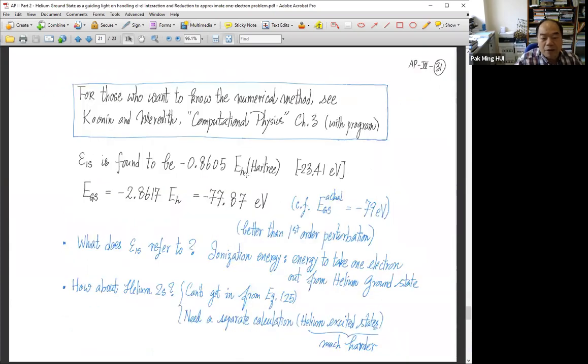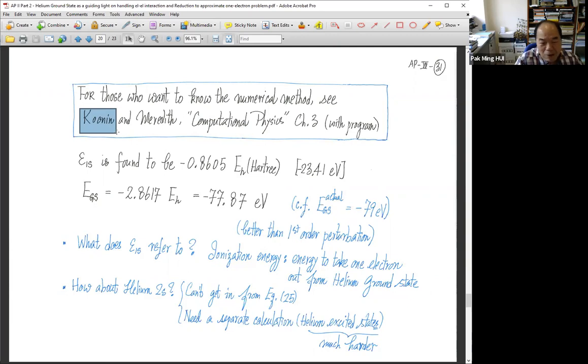But don't worry. If some of you become interested in this exercise, one place to look up in the technical path is an undergraduate textbook on computational physics by Koonin, the Caltech professor. And then you can find a program in chapter 3 that gives you the method to do the helium ground state.